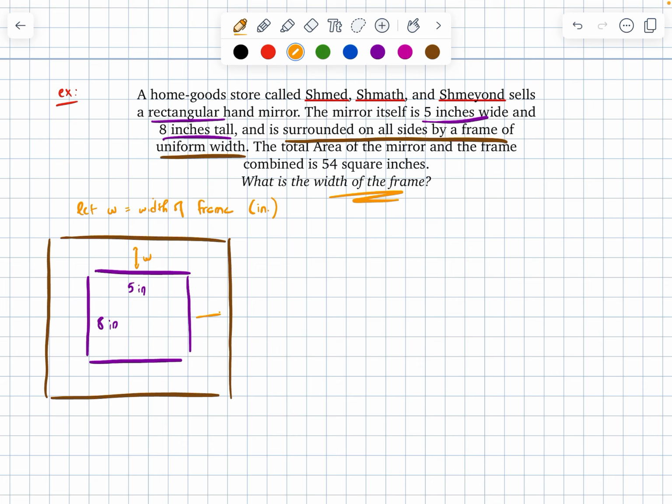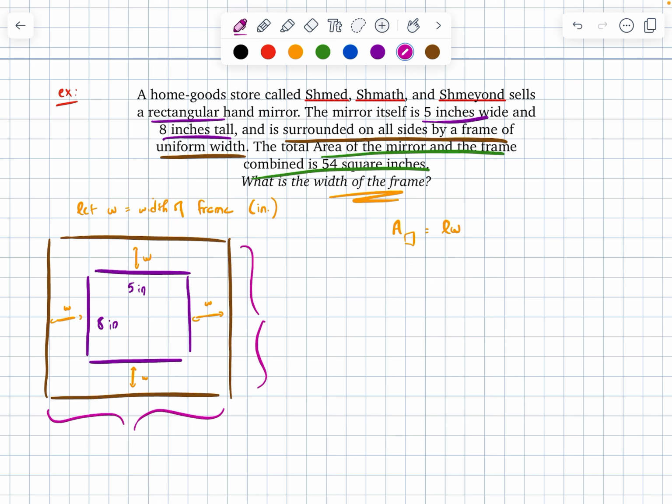Cool. From here, I don't know what that width is, but I do know that it's the same on all sides because it's uniform width. So I've got W's all the way around. I know that the area of my mirror and its frame is 54 square inches. Once again, I know that the area of a rectangle is found by multiplying its length and its width.